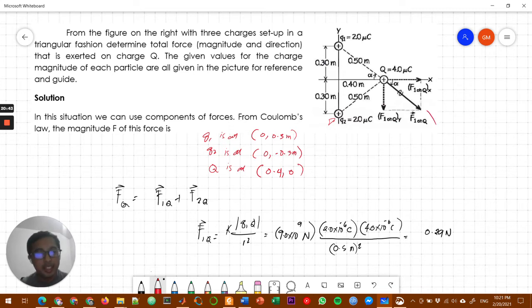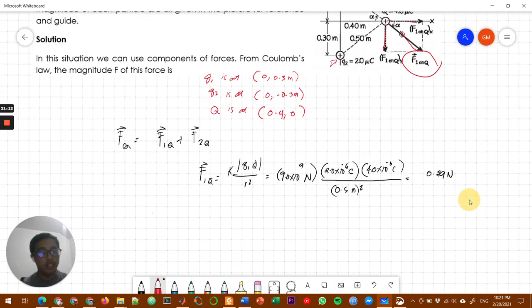So this is the direction of the force. It has components: we have the X and the Y component. And it makes an angle of alpha. So we have F1Q X and F1Q Y component.